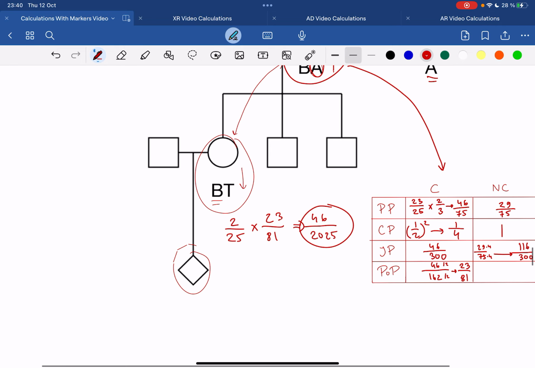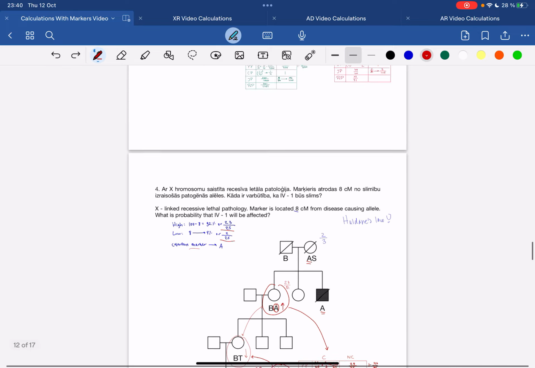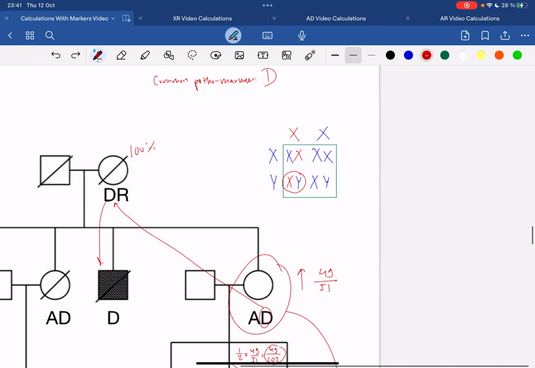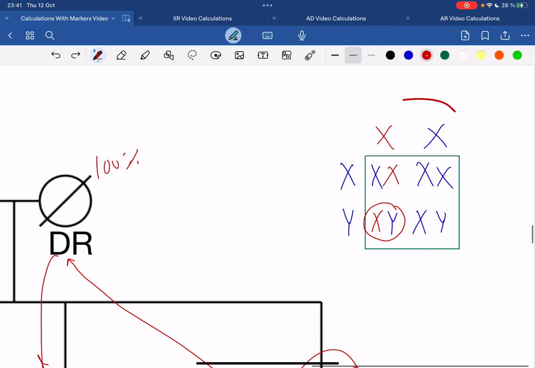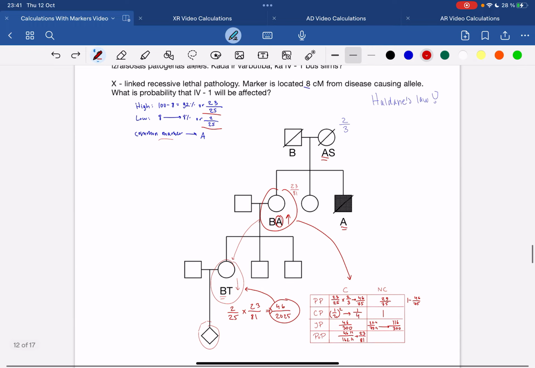So now we know the chance for this mother to be a carrier. So what is the chance for this child to be affected? We don't have any markers, and we can go according to the normal rules that we have for XR, which is that in order for this child to be sick, it has to be a carrier, and it has to be a man, so that's 1 out of 4.